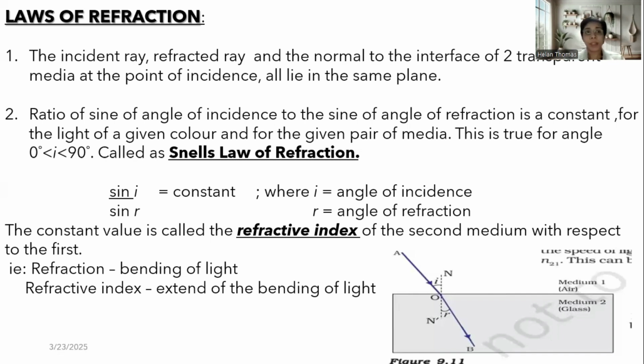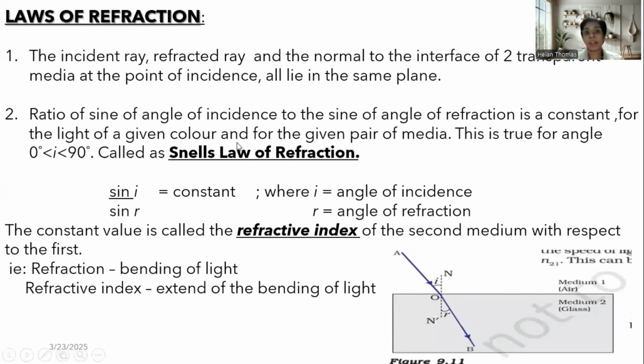Also, as we said, for refraction to happen, the angle which the incident ray makes with the normal should be less than 90 degrees, and it should be for a given pair of media. So the sin I to sin R, you should be talking about only one pair of media. It will be different for a different pair of media. Why? Because the speed of light will change according to the change in the media.